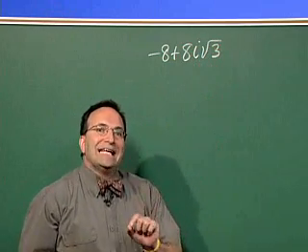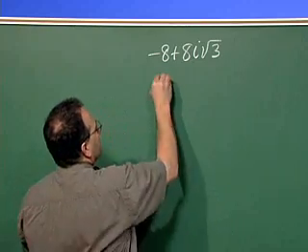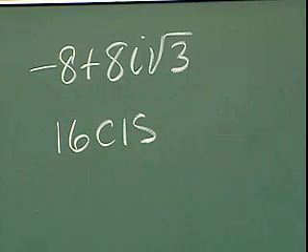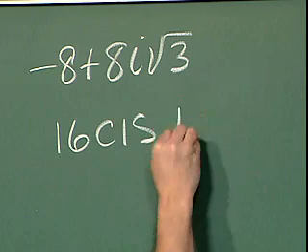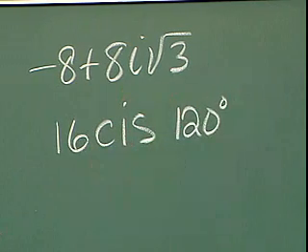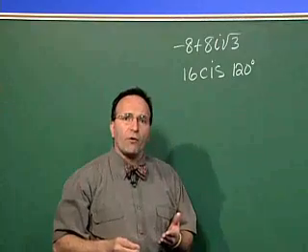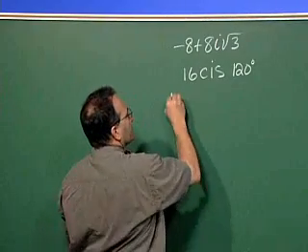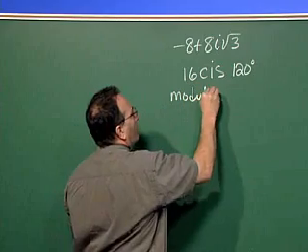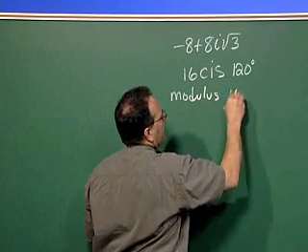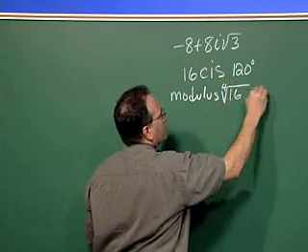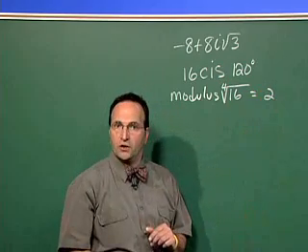And that's equal to, in polar form, 16 cis of 120 degrees. Now, in this case, we're looking for the fourth root. So the modulus that we need is the fourth root of 16, which of course is 2.